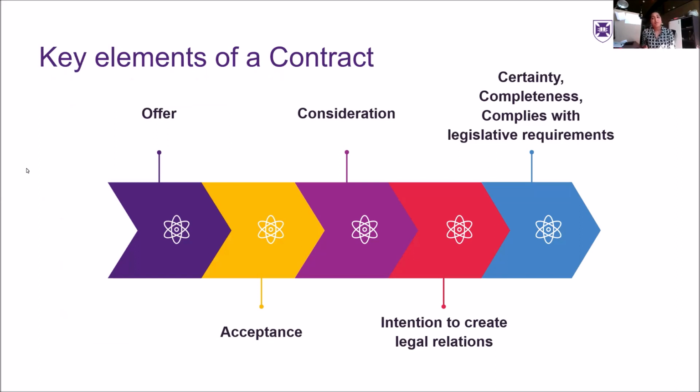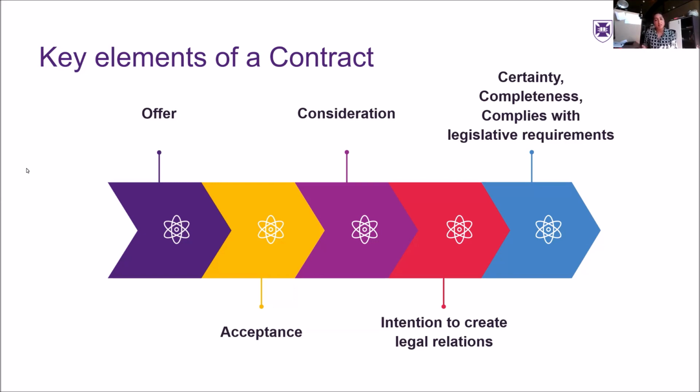So every contract, whether it is simple or complex, will be considered legally enforceable, provided it incorporates these essential elements. So I've given the legal terminology for the events that produce a contract. So this is offer, acceptance, consideration, an intention to create legal relations. And then I've sort of joined the last ones together, being certainty, completeness, and legislative requirements.